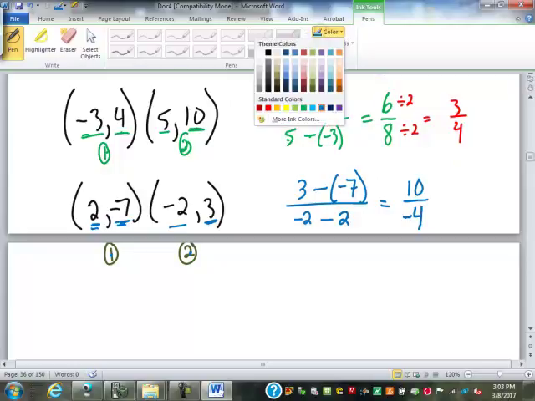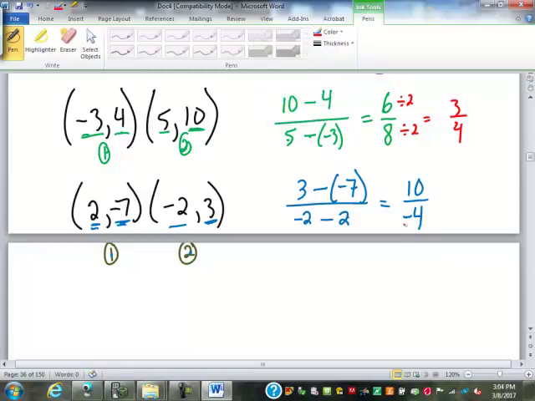Negative 4, good. So now we're going to ignore the negative. Both of these divide by 2. 10 divided by 2 is 5. 4 divided by 2 is 2. And we're just going to put the negative. It's a positive divided by a negative, so that is a negative slope. So it's a negative 5/2 is that slope.